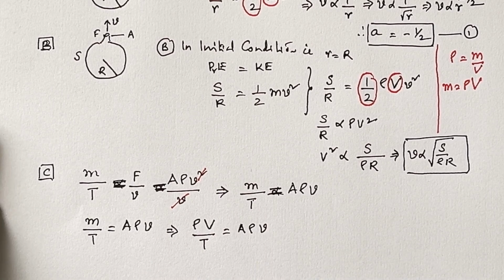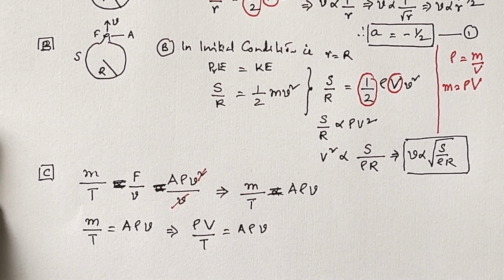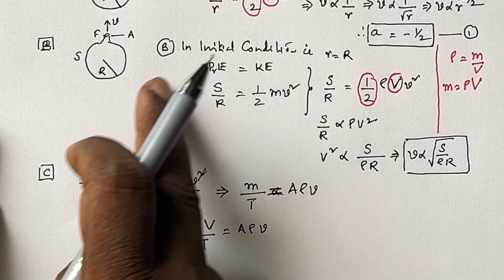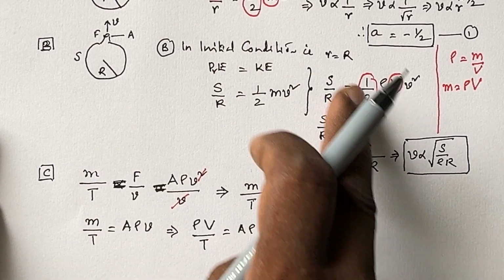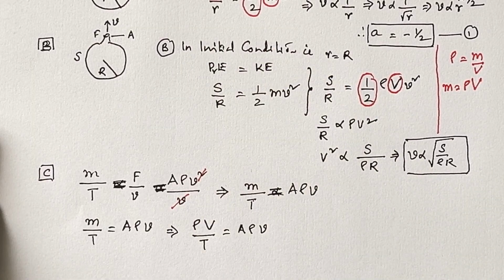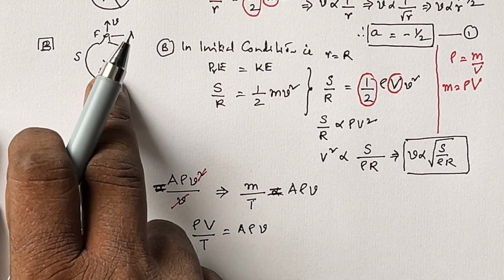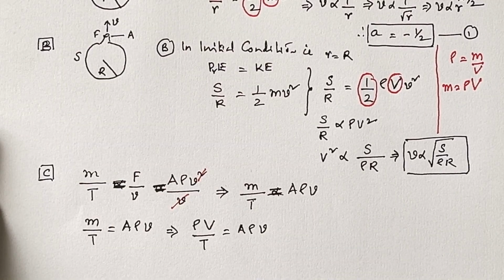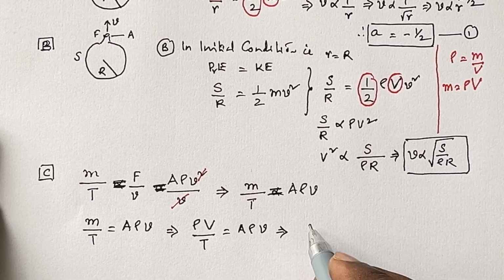Here the volume of the balloon is not given, but the radius of the balloon, capital R, is given, at maximum. We are calculating B and C on maximum filling of air, that means small r is equal to capital R. So here I will write the formula for volume.